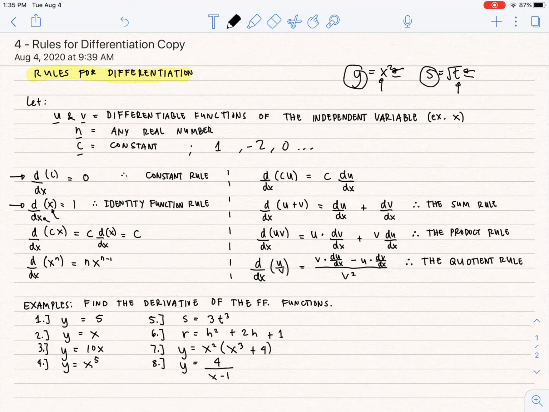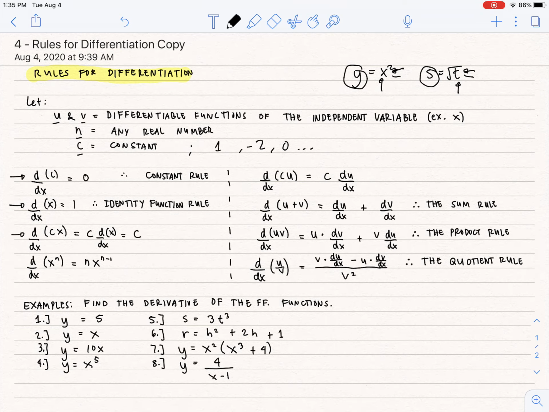Pwede siya lahi na variable, pero ang simplest na form ani kay kung unsa nga diriya ma-differentiate na to, dapat pareha po dira. Okay? So later ma-guess na ninyo. So the derivative of x with respect to x is just 1. Then this is called the identity function rule. Okay, next.